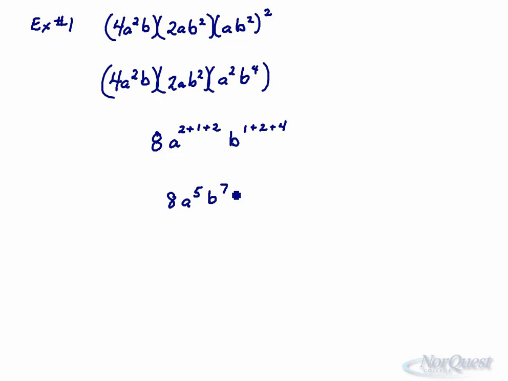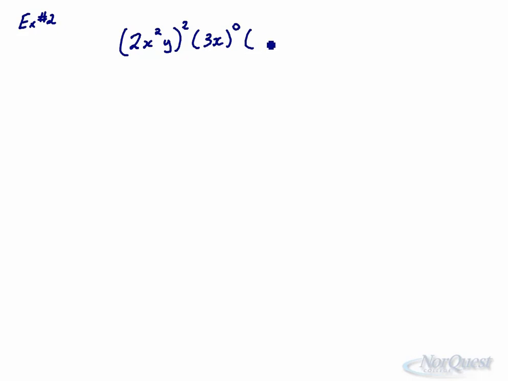Let's look at another example of a couple monomials being multiplied. Example number 2. We'll go with 2x squared y to the power 2 times 3x to the power 0 times 2x to the negative 2 y to the negative 2 to the power negative 3.